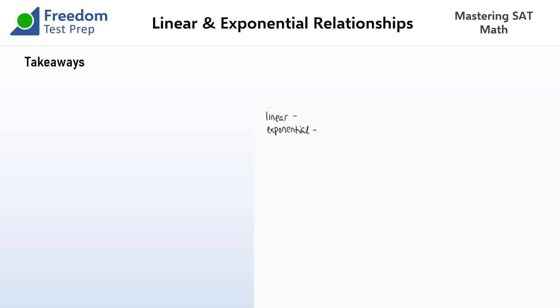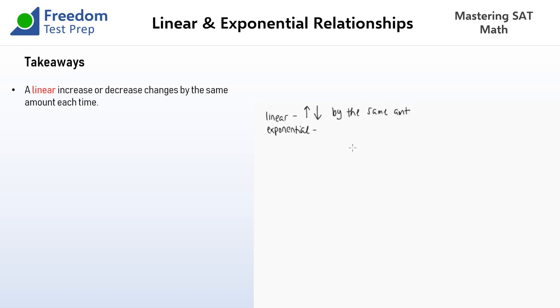And it's pretty simple. Linear just means that whatever it is that we're talking about, whether it's money or anything else, the way that it increases or decreases is by the same amount every month, year, it doesn't matter what the time span is, but it's always increasing or decreasing by the same amount.